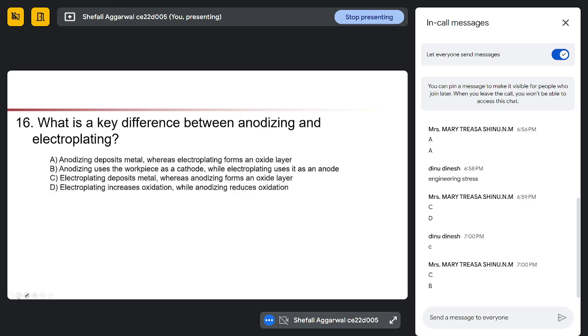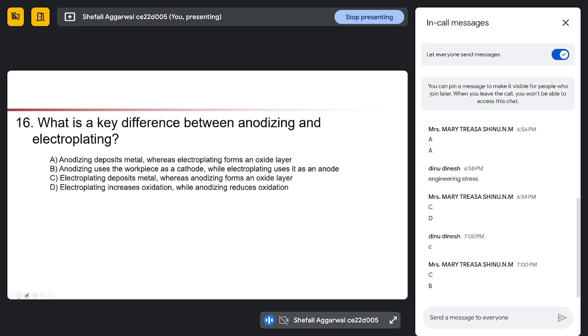The next question is, what is the key difference between anodizing and electroplating? Anodizing deposits metal, whereas electroplating forms an oxide layer. Anodizing uses the workpiece as the cathode, while electroplating uses it as the anode. Electroplating deposits metal, anodizing forms an oxide layer.